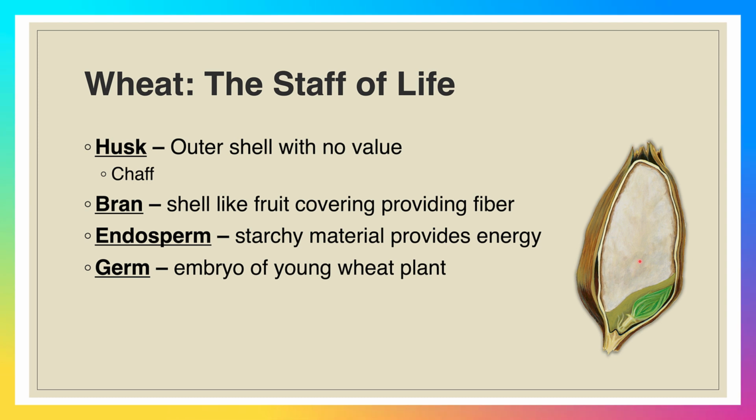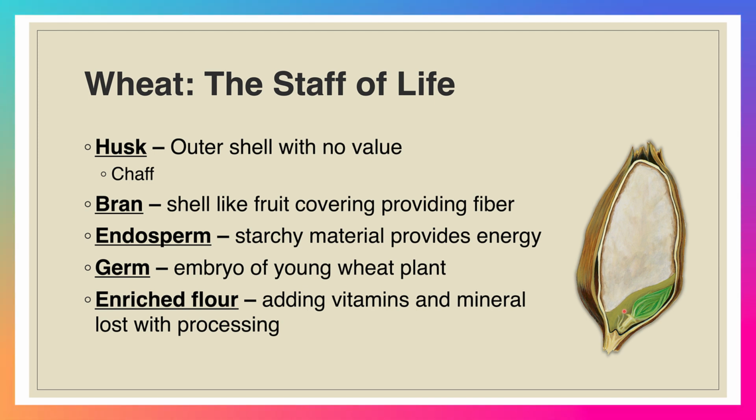And then lastly, the germ is the developing embryo. So when you buy a jar of wheat germ, what you're buying is a jar of wheat embryos. Enriched flour is flour that has vitamins and minerals added to it, because vitamins and minerals can be lost during the processing of the grain.